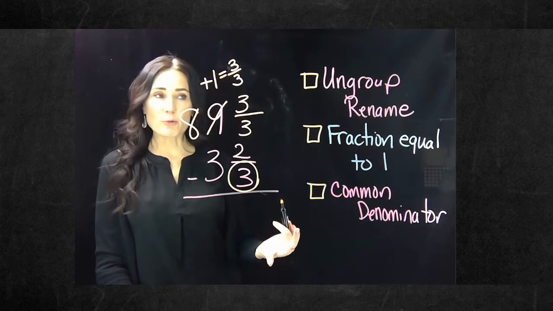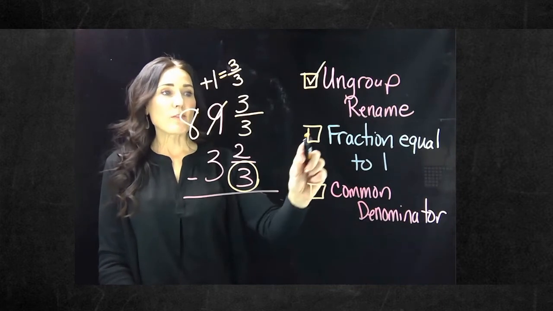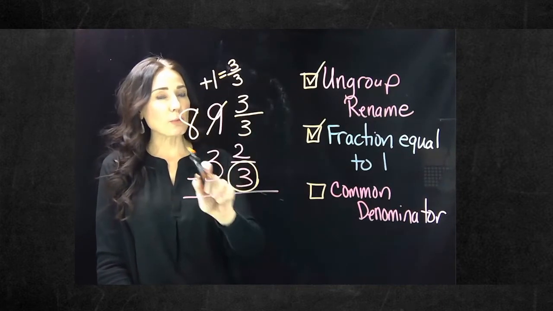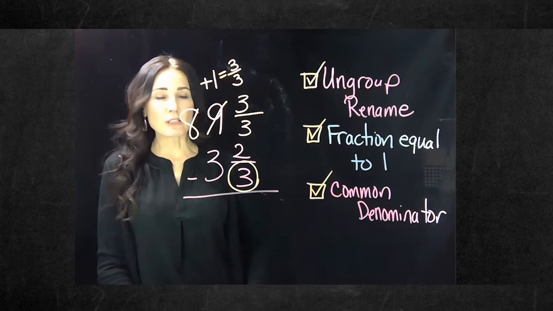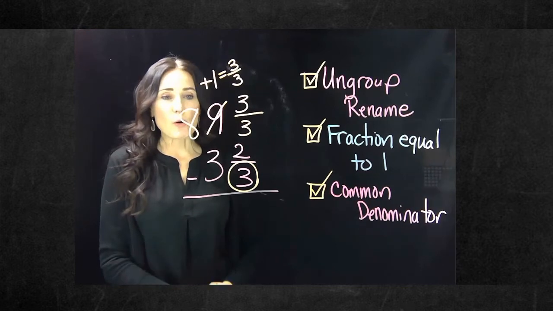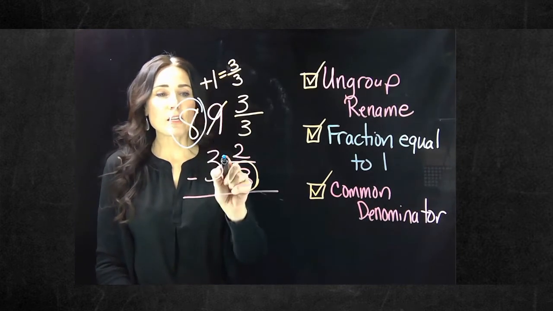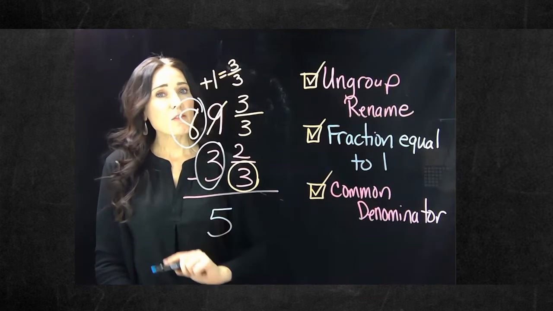So now we're ready to subtract. We have ungrouped, we have renamed it, we have made a fraction equal to 1, so we still have the value of 9 here, and we have a common denominator, which is 3. So let's go ahead and subtract our whole numbers: 8 minus 3, which equals 5.